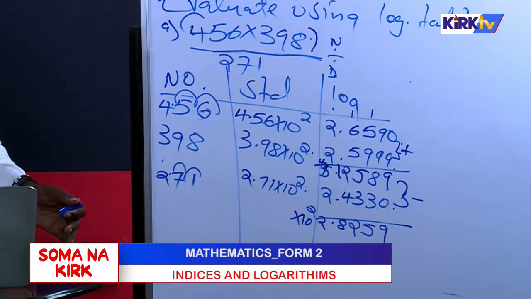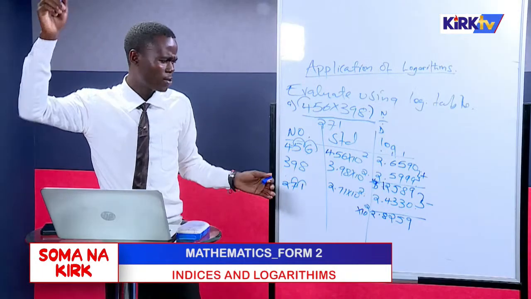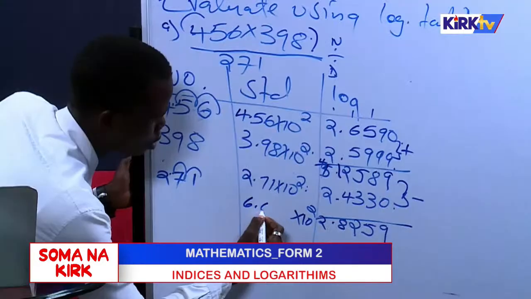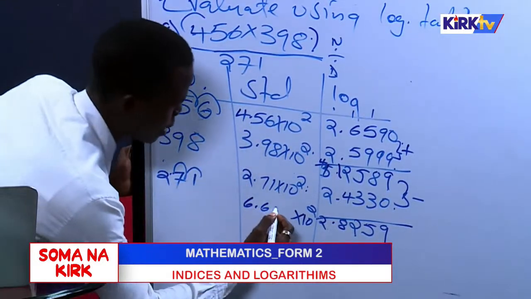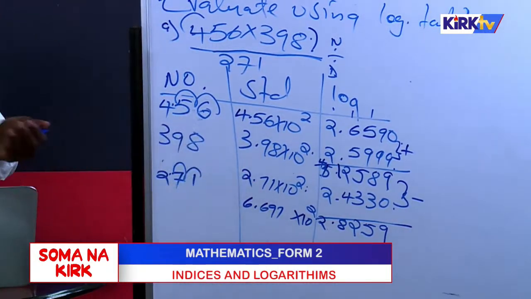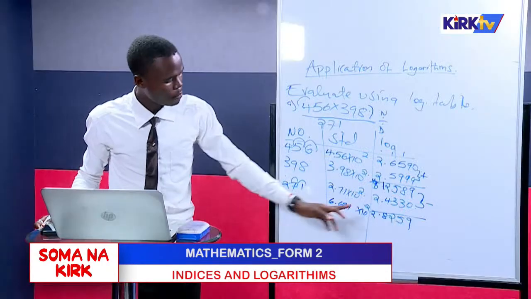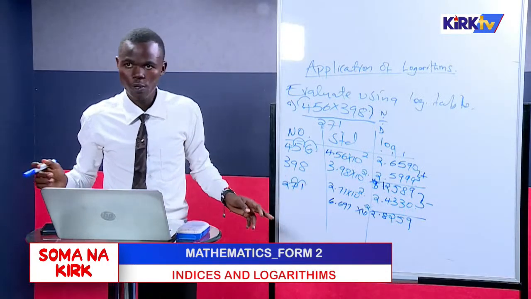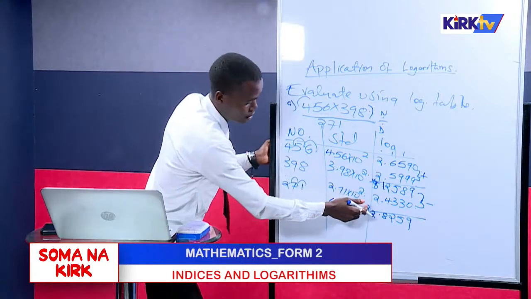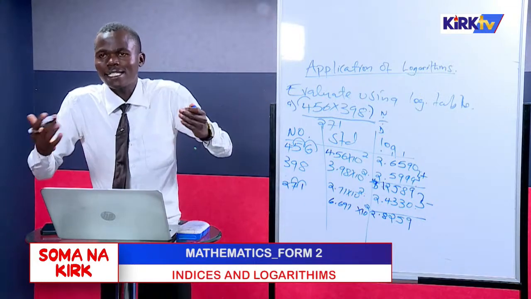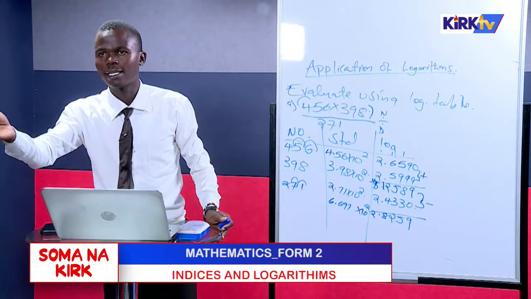8259, which according to the logarithm table or the 4-figure should give you 6.697. That is the value. But remember, we have got a power. Raised to power what? Power 2. So what do we do? We multiply by this. 10 raised to power 2 is like 10 times 10, which is 100.